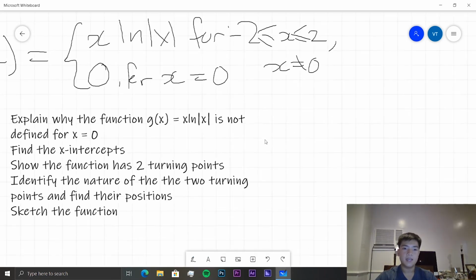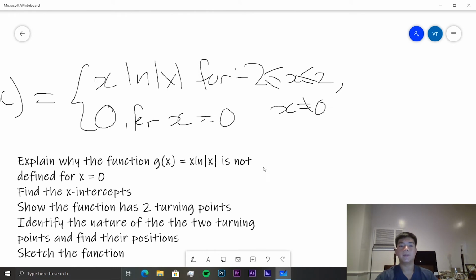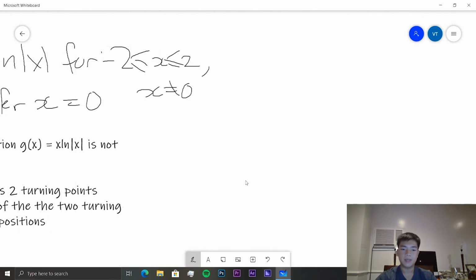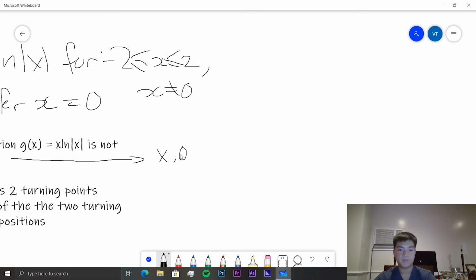Next, find the x intercepts. This is where we intercept the x-axis. x-intercept is when y equals 0. So this is when x equals 0.